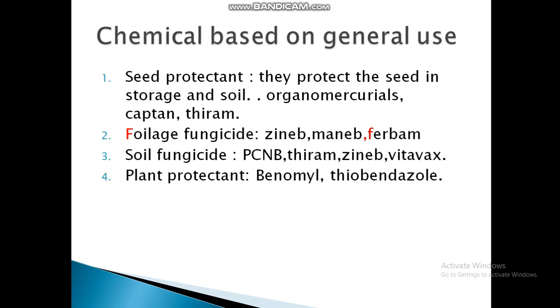PCNB, thiram, zineb, and Vitavax are soil fungicides. PCNB is pentachloronitrobenzene. And last, plant protectants: benomyl and thiabendazole are plant protectants.